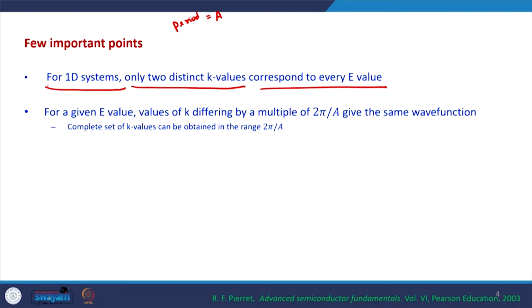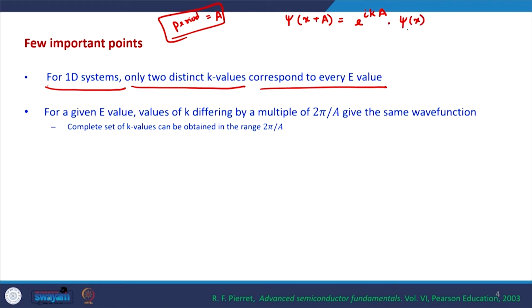Or in other words, the k values which are separated by 2 pi by A essentially give the same wave function, and that is a direct consequence of Bloch's theorem, because if we look back to Bloch's theorem, Bloch's theorem states that psi of x plus A is essentially exponential i k A, capital A, into psi of x.